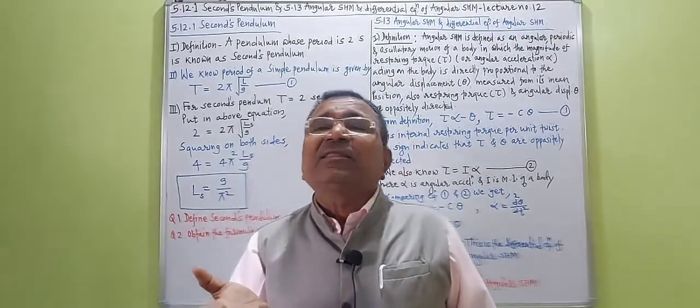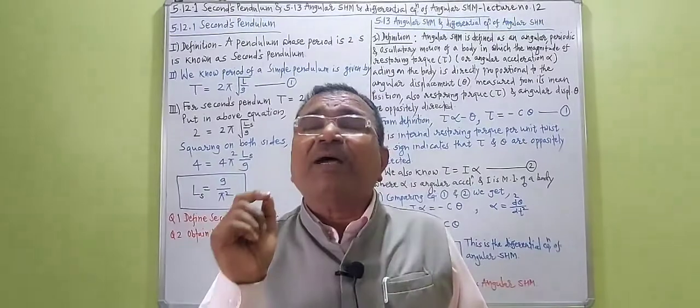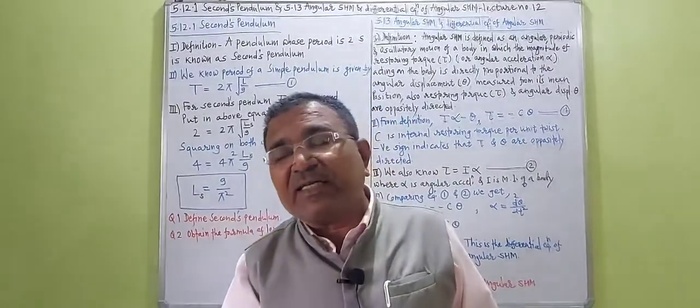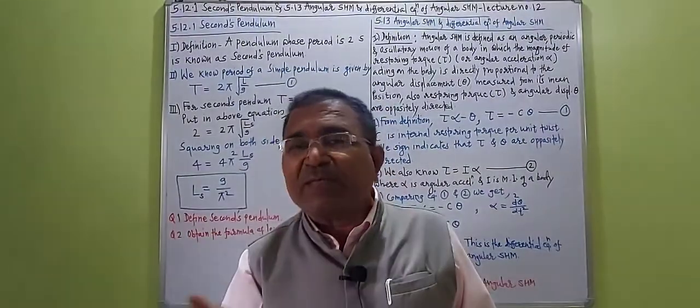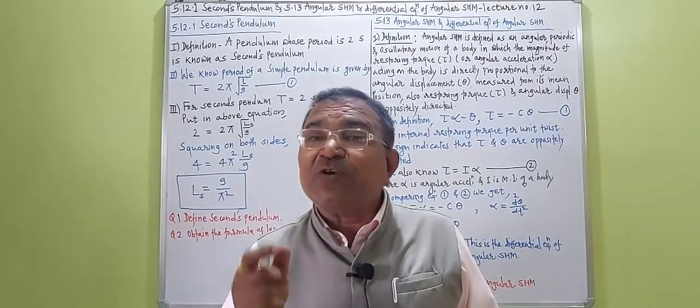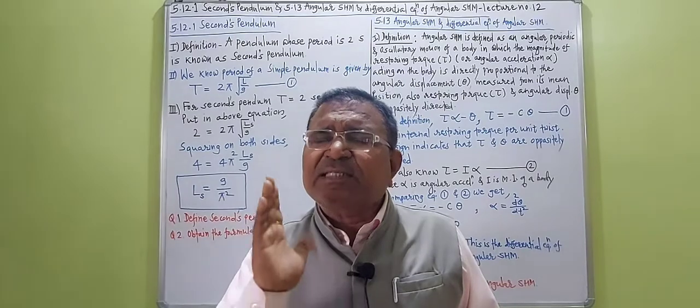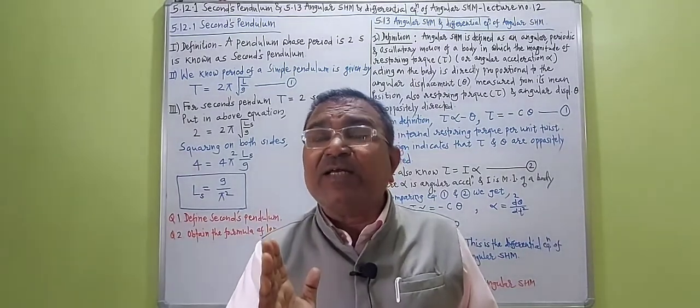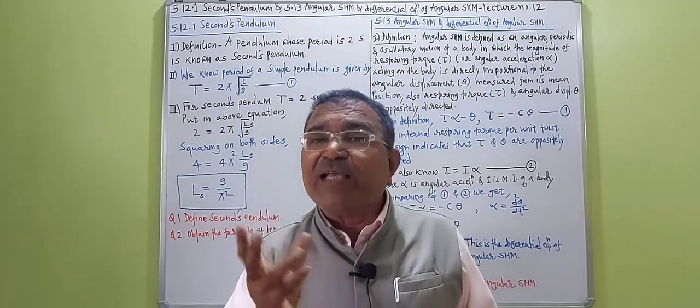That is, the magnitude of restoring force is directly proportional to displacement measured from the mean position. That is the definition of linear SHM. The same definition we will prepare while learning the definition of angular SHM.